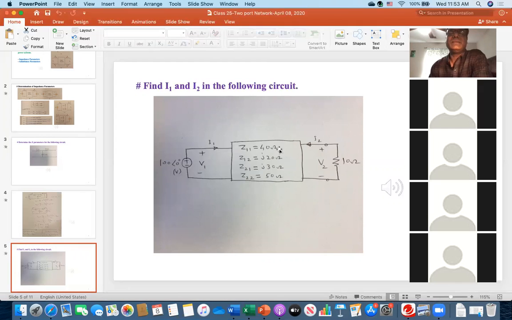Those values are given. On the right side, there is a 10 ohm resistor across which voltage is V2 and I2 current is entering. Your goal is to find I1 and I2 given those 4 impedance parameters. Now let's have a look at the solution in the next slide.